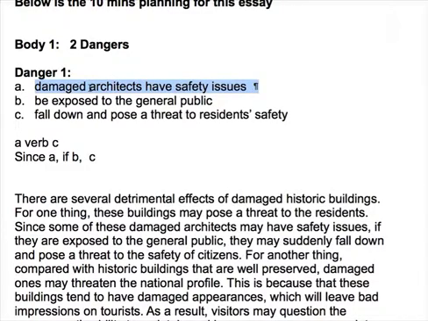A happen: damaged architecture has safety issues. B: when these buildings are exposed to the general public, the building might fall down and pose a threat to residents' safety. And the recipe she used is since A, if B, then C.